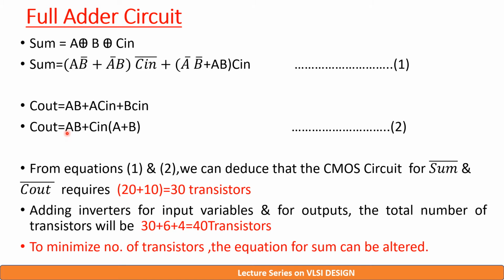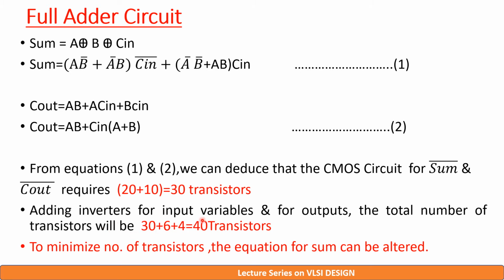And Cout bar 1, 2, 3, 4, 5, pull down 5, pull up 5, so Cout bar will require 10 transistors. Therefore, the complete full adder circuit will need 30 transistors.